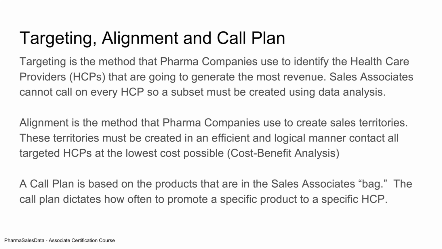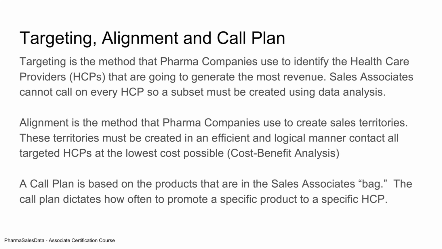So you may be a sales associate in a large metropolitan area, and even though there are multiple associates covering that area, like Manhattan, for example, or Queens, you need to subset the number of doctors there, because not all of those doctors are good customers. They may have patients, but they may not write your specific kind of product. They may have a limited number of patients. So there's a whole bunch of variables that go into how you target.